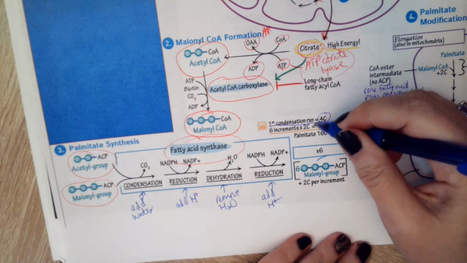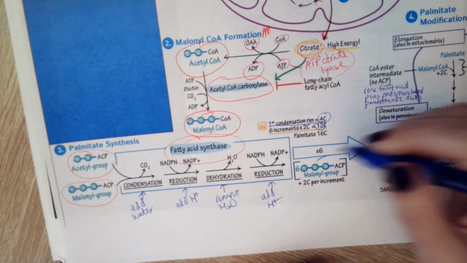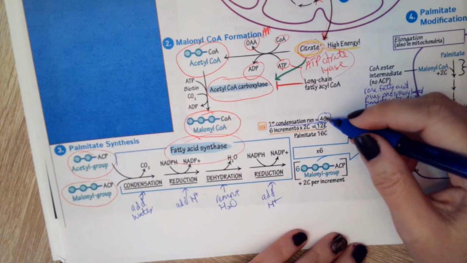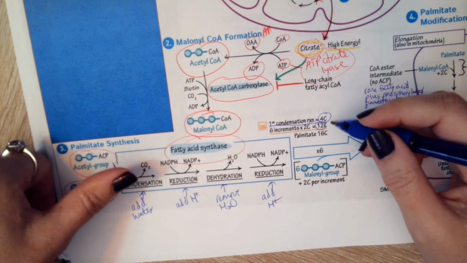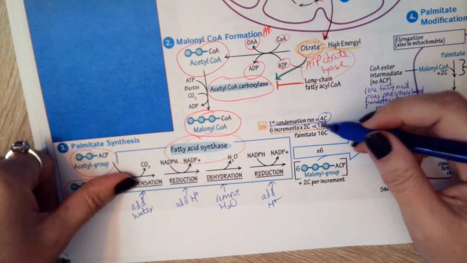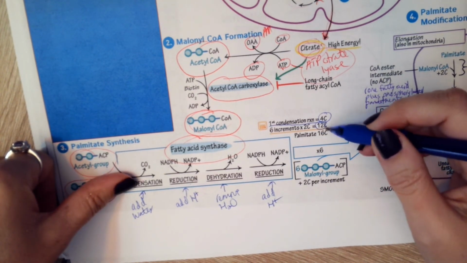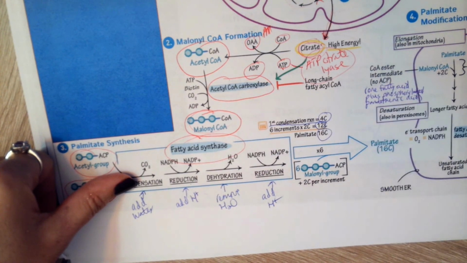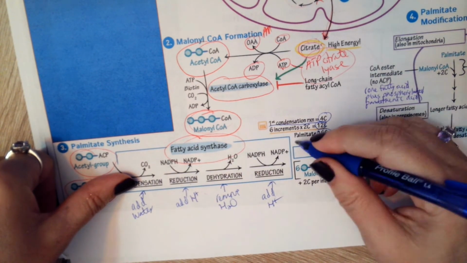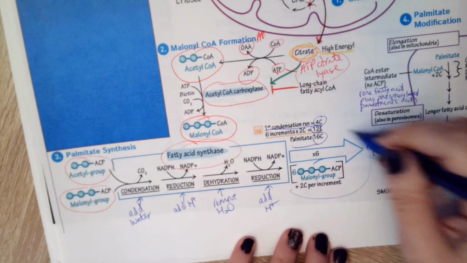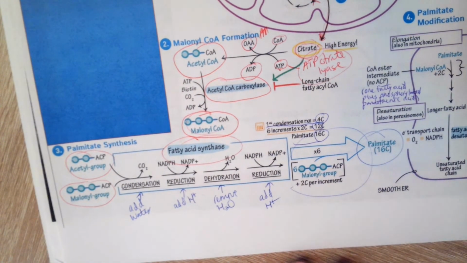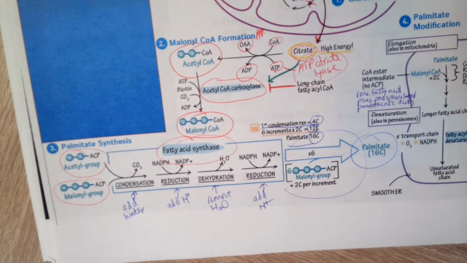So that adds another 12 carbons. 6 times 2 is 12. You add 4, which was the initial yield of carbon from the condensation. Then you add 12, and that gives us 16. And that is our palmitate. So we have made a nice little fatty acid, and that is palmitate, and it has 16 carbons.